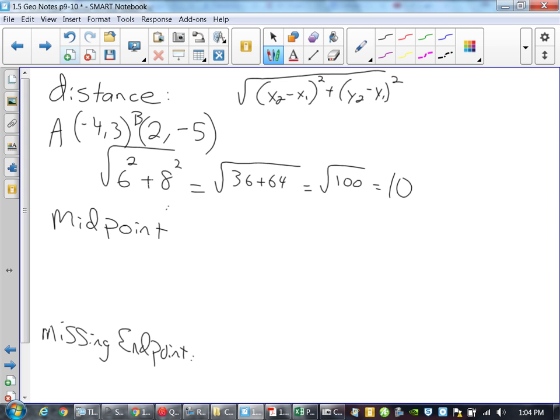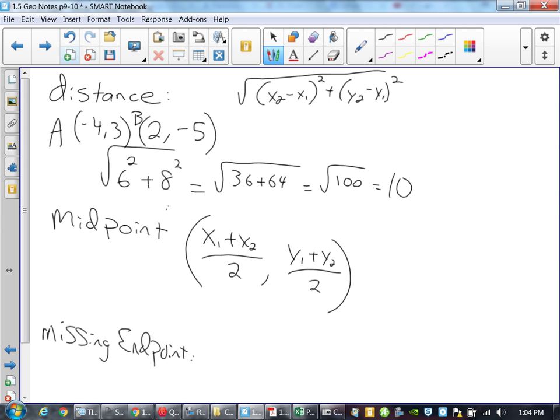Now, when you find the midpoint of it, that's when you find the averages, remember. That's when you're adding them together and cutting it in half. That's when you have to be sure that you use that fraction bar in your calculator. So your midpoints, add the two x values together, cut it in half. Add the two y values together, cut it in half.